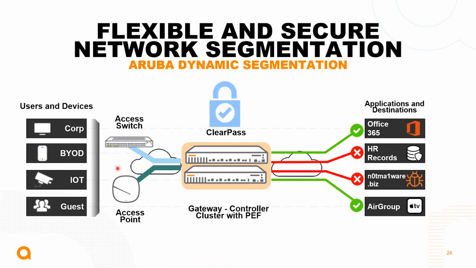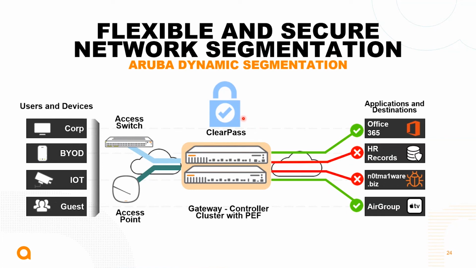It can also be based on location. If I'm connected to the switch in building A, it works, but if I'm connected in building B, it won't give me access to the network. That's how we segment our network with ease. This is a very powerful way to segment our network.